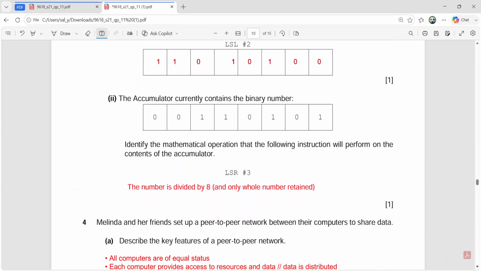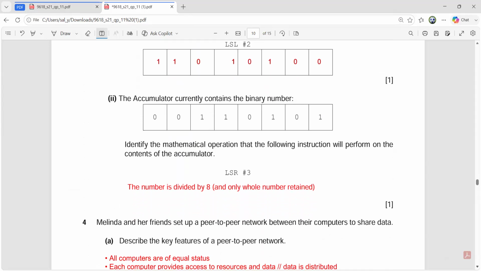Part 2. The accumulator currently contains the binary number 00110101. Identify the mathematical operation that the following instruction will perform on the contents of the accumulator. And they are asking me to identify the mathematical operation with LSR 3.